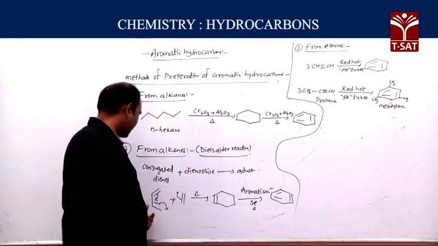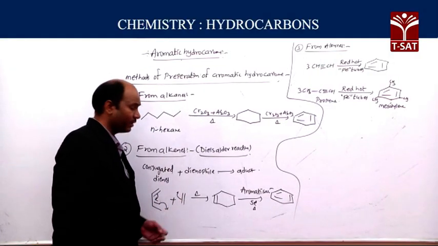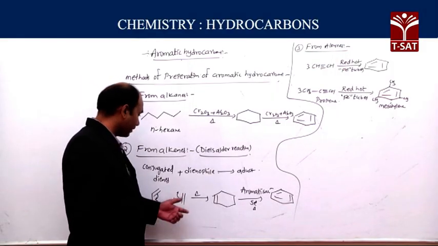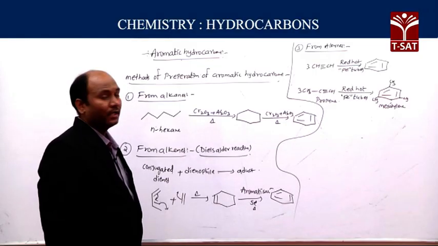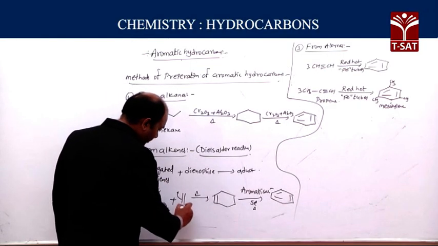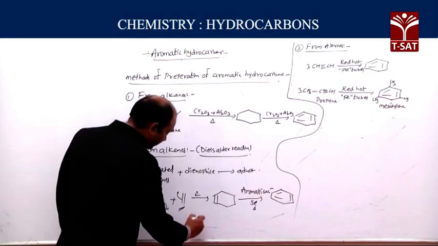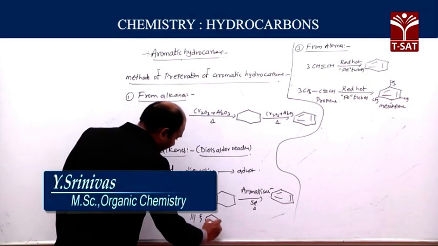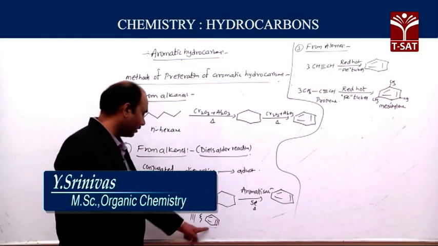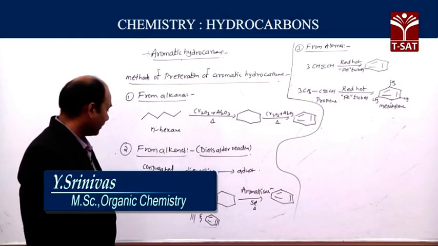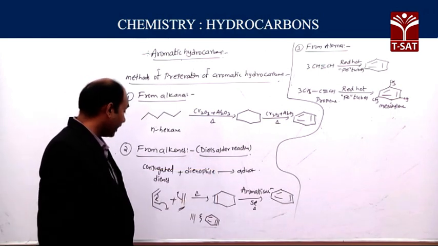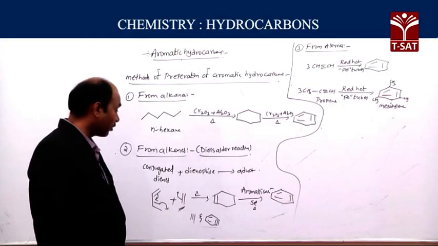Actually, this involves a conjugated diene and a dienophile. Conjugated dienes require electron releasing groups, whereas dienophiles require electron withdrawing groups. Generally, alkynes also act as dienophiles. So, dienes require electron releasing groups and dienophiles require electron withdrawing groups.